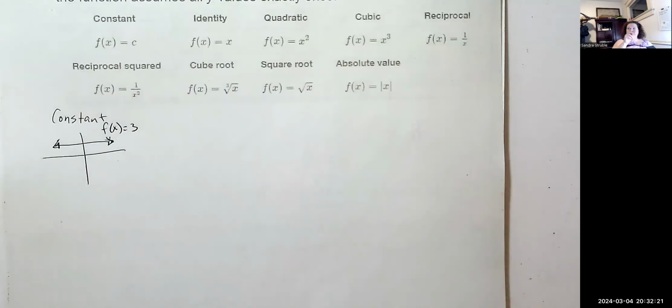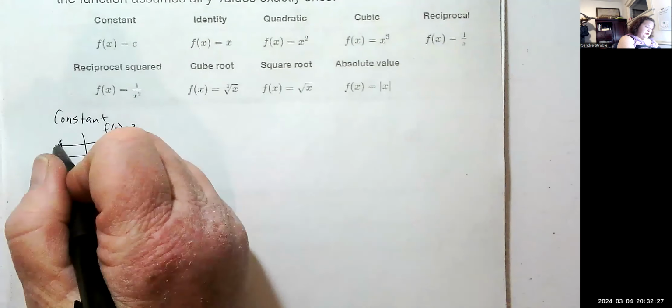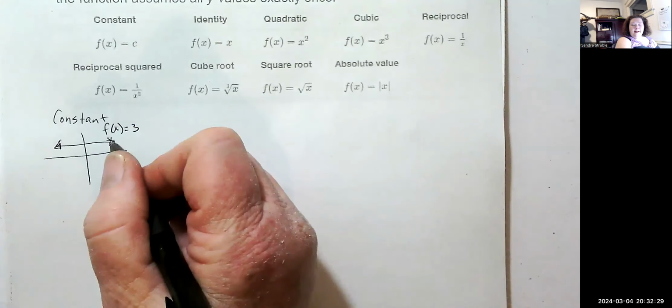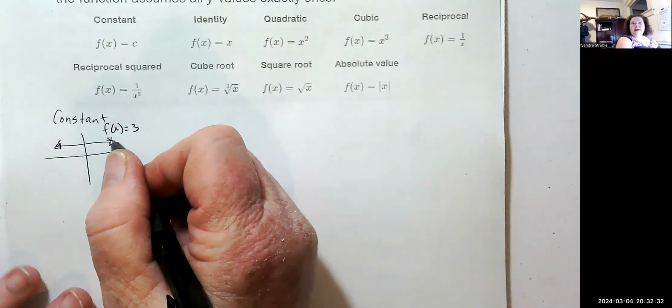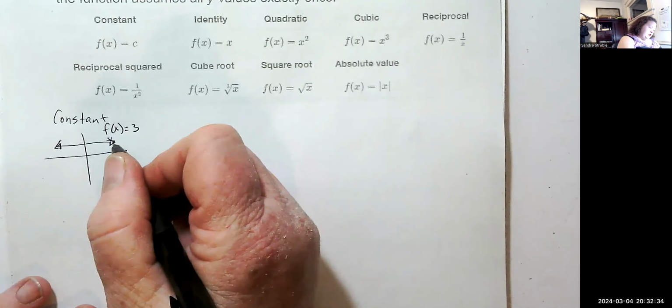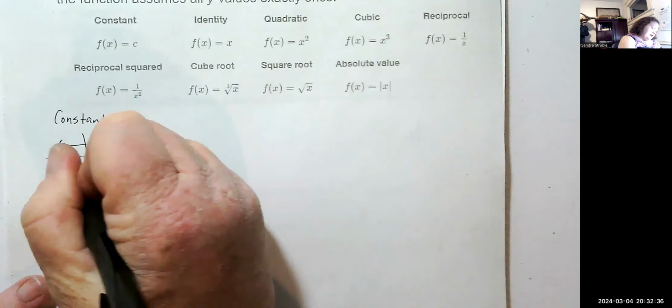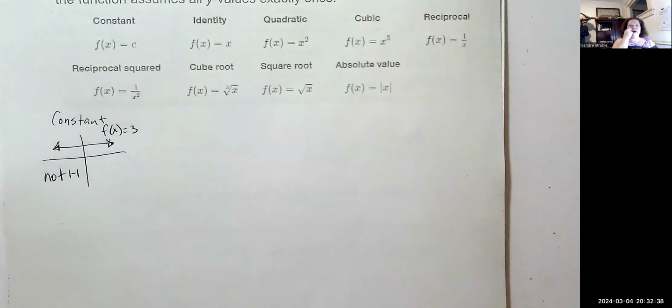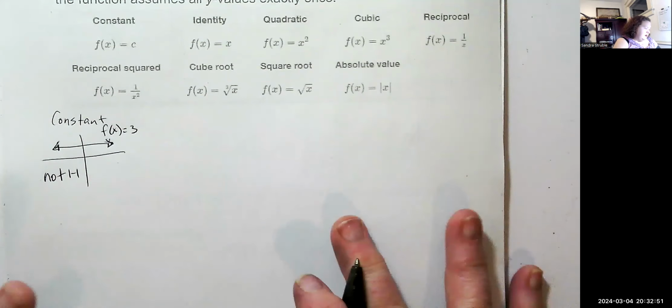I can do a vertical line test. It's a function. But the horizontal line test is your one-to-one. And if you draw a horizontal line at 3, you're going to hit every point on that line. So it's not one-to-one. Is there anything we can do to constrict this line in order to make it one-to-one? And there's not, because that would be restricting us to 1 point. There's nothing else we can do.